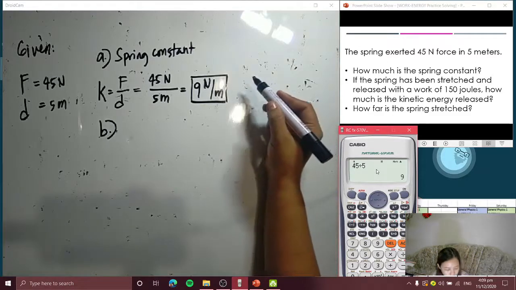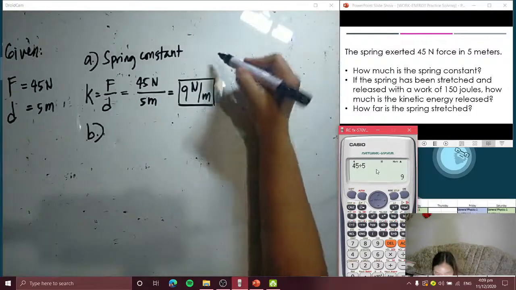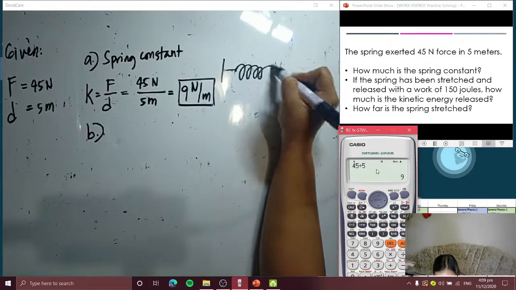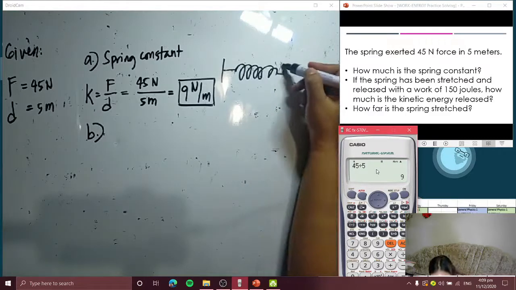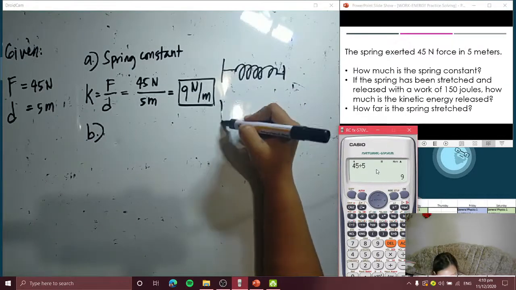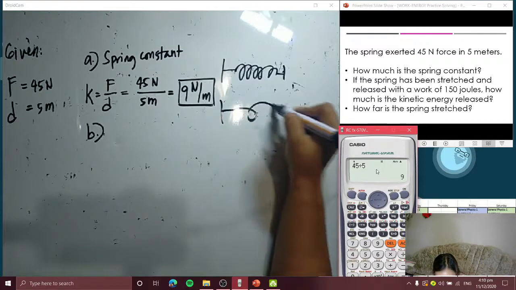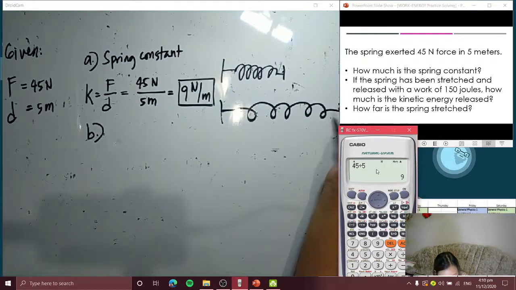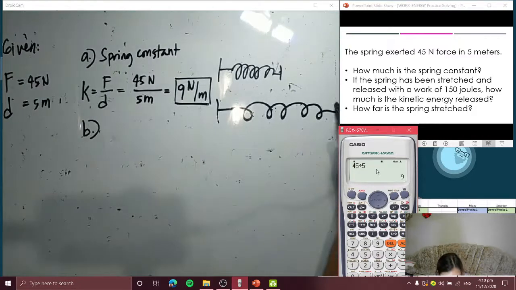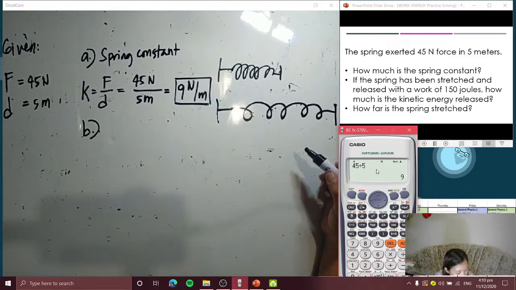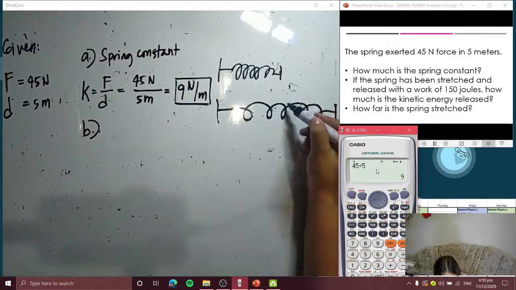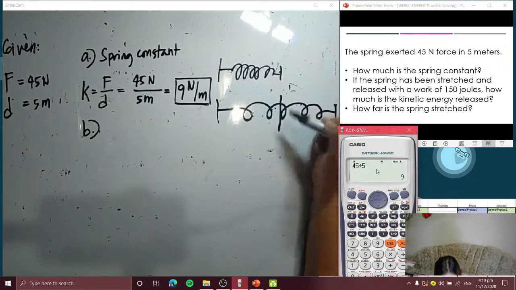Okay, so mabutang ko diri ang aton nga spring. So, let's say this is our spring. This is unstretched. So, let's say gin-stretch ang aton nga spring. Ari na siya ang aton nga stretch nga spring. Now, the question is, this is the equilibrium, the unstretched part.